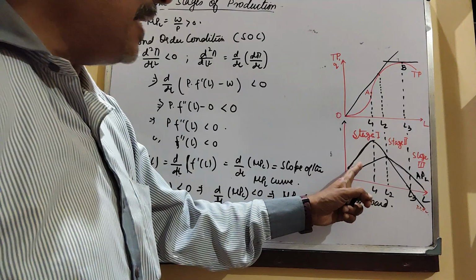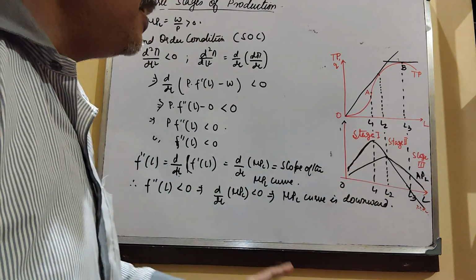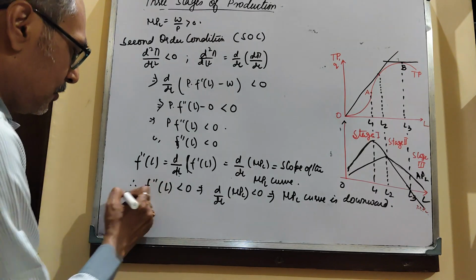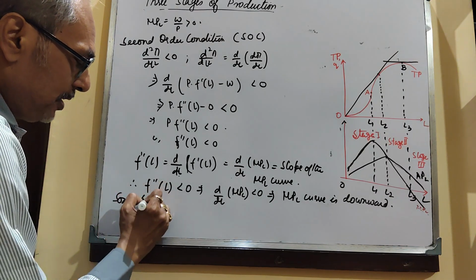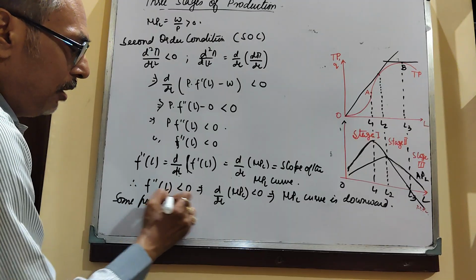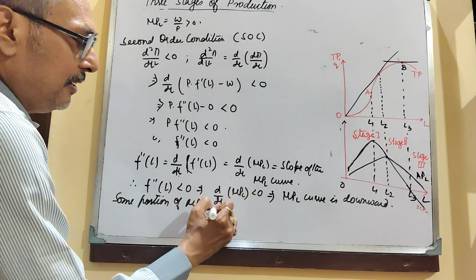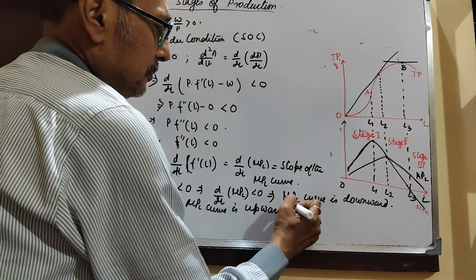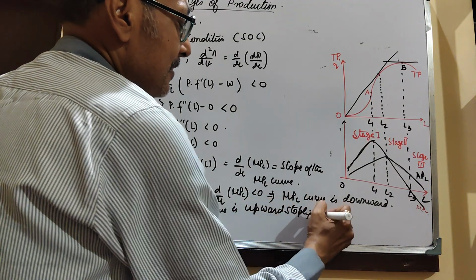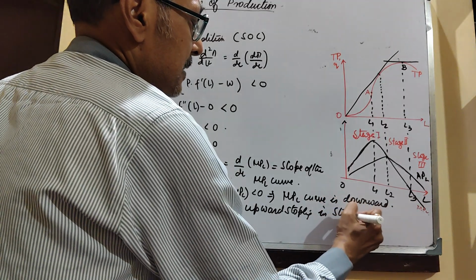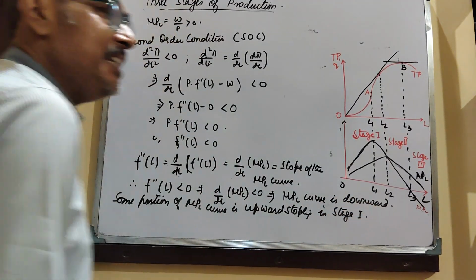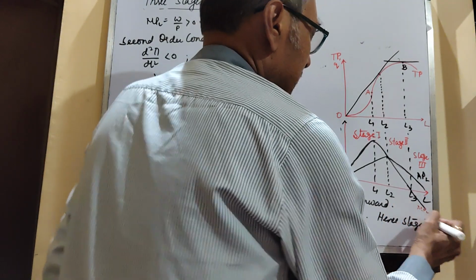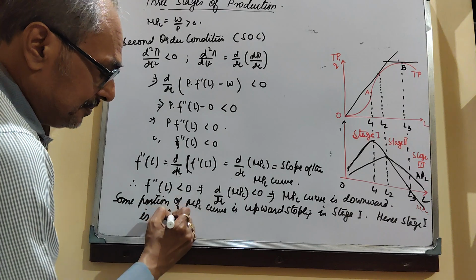Now in stage 1, some portion of the MPL curve is upward sloping. Hence stage 1 is eliminated.